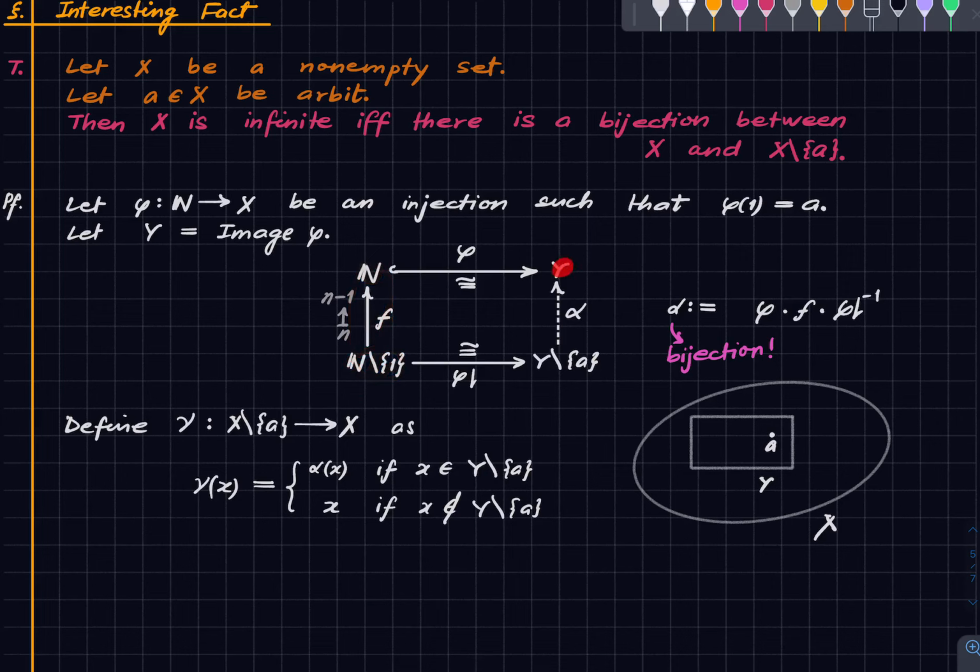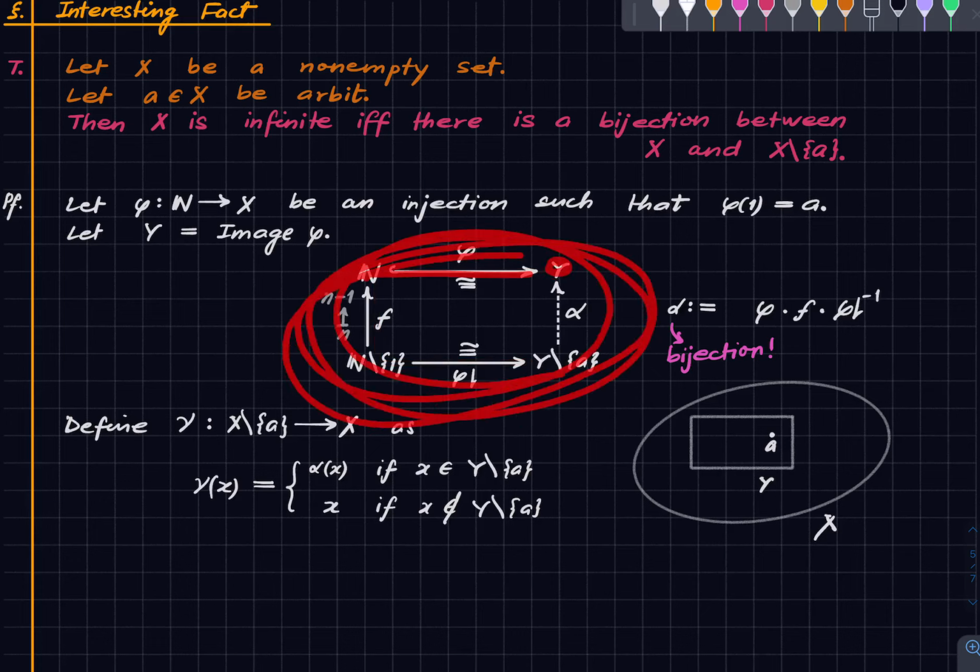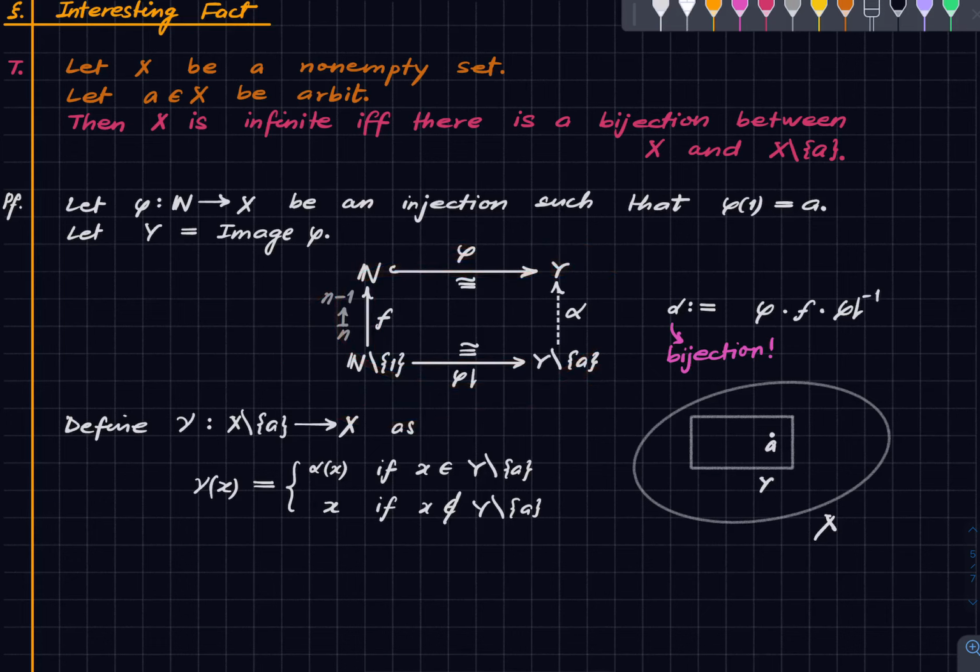Once you identify y with the natural numbers via the function phi, you can mimic the same thing in y after passing to the naturals, getting this bijection, and then coming back to your original thing. So that's what is happening here. It may look like some complicated machine, but nothing is going on. Okay, mull over it. These things will become more and more clear.